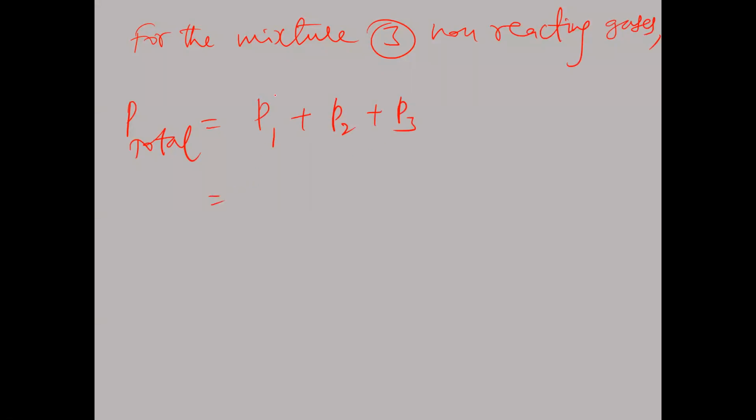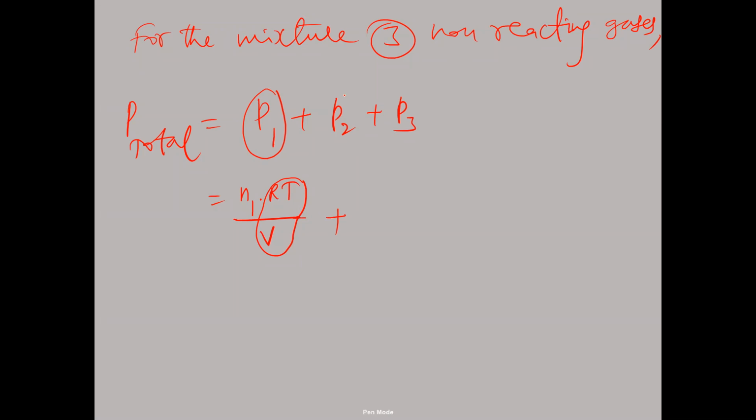So P1 of the first gas, P1 of nitrogen: the formula is PV equals nRT, from the ideal gas equation, from that P equals nRT by V. So here N1 RT by V. RT by V is the same for all gases, as we discussed. N1 is the number of moles of the first gas. RT by V is the partial pressure of the first gas.